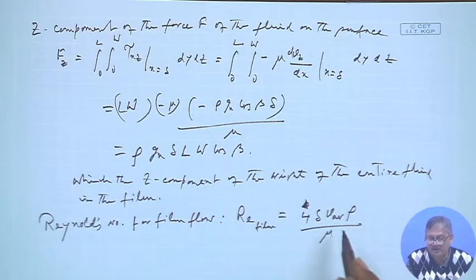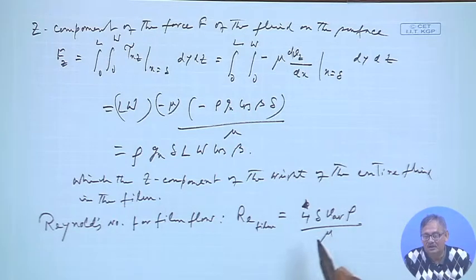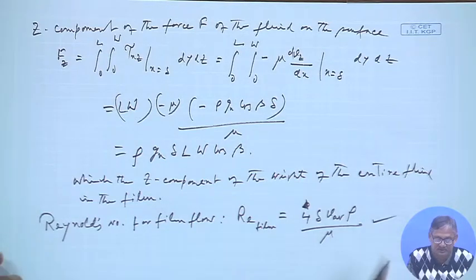Instead of d V average rho by mu, that is the pipe flow, here we can say it is 4 del V average rho by mu, that is the film Reynolds number.